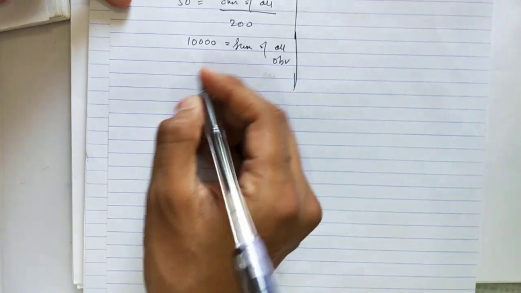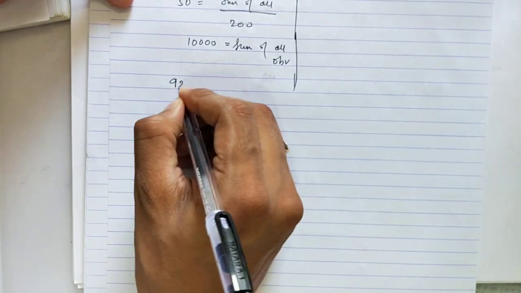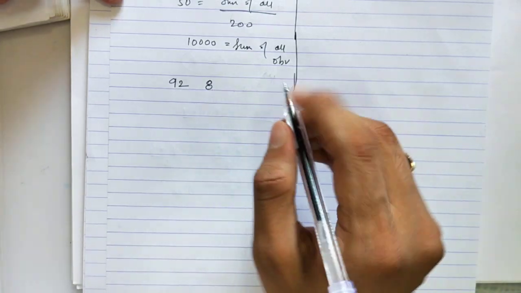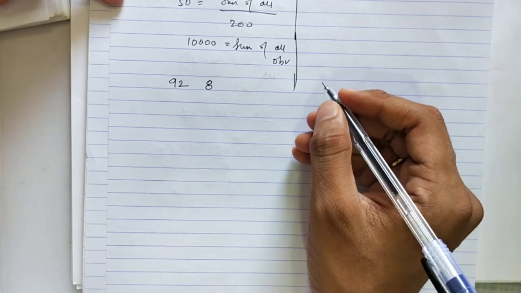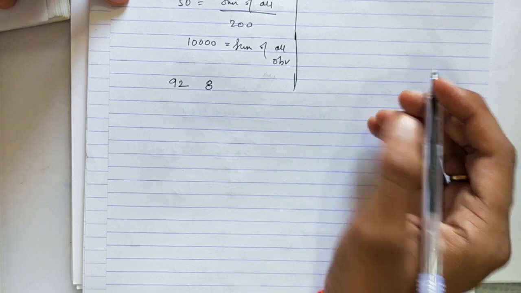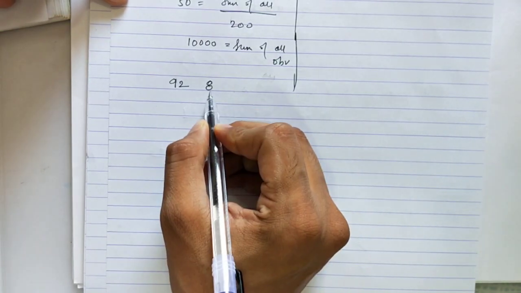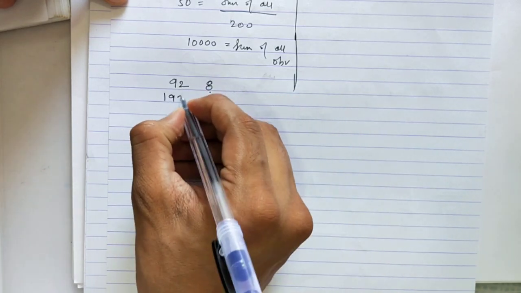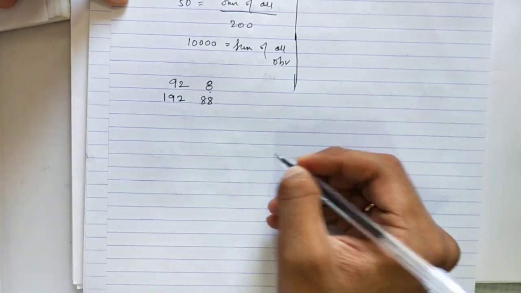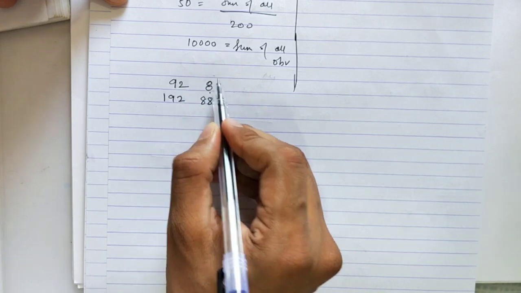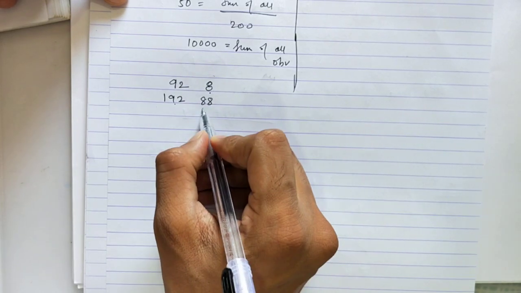So they were read as 92 and 8, but the actual values were 192 and 88.